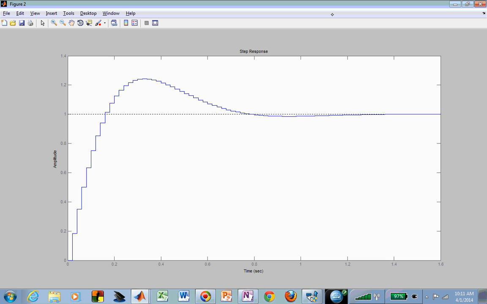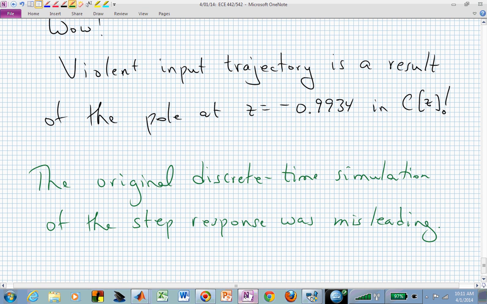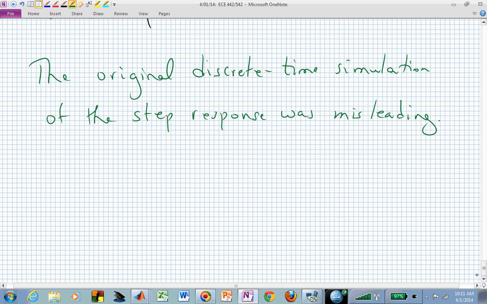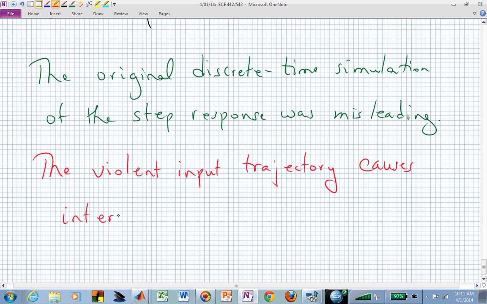That one doesn't look too bad. And what we were missing was the violent behavior in our input trajectory or waveform. The violent input trajectory actually causes this intersample ripple.